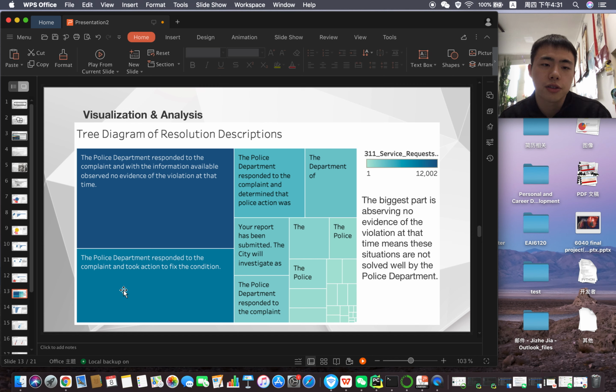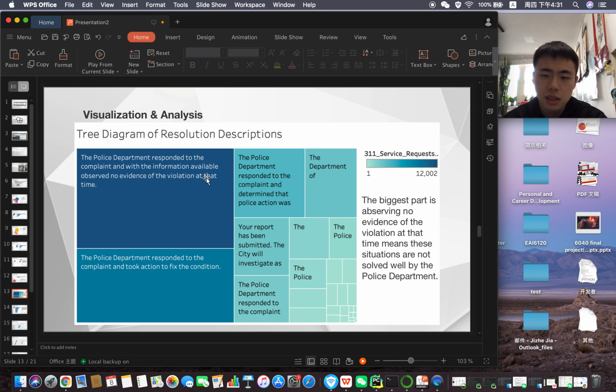Here's a tree diagram of resolution descriptions. We can find these two parts are major resolution descriptions. The police department responded to the complaint and with the information available, observed no evidence of the violation at that time.